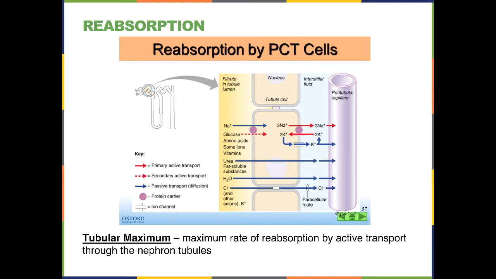There's both active transport of material, sodium and potassium, as well as passive transport of things such as chlorine, water, and urea. And this is all passed back into the blood vessel. Now there's a maximum that can be handled by the proximal tubule, and this is called the tubular maximum. This is the maximum rate of reabsorption by active transport.